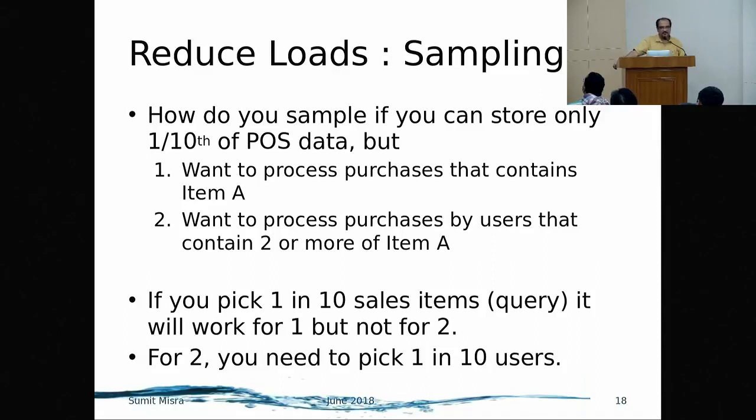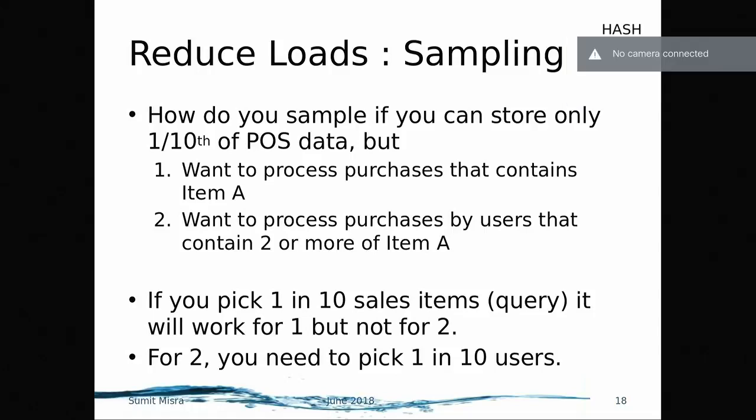Now, here the interesting thing is that if somebody says this, the standard way of answering is: whatever items are getting purchased typically have an item code. I will hash the code and map it into a number from 0 to 9. And if it is, say, number 3, I will keep it, the rest I will throw. So I have only 1/10 of the data that I'll be able to keep.